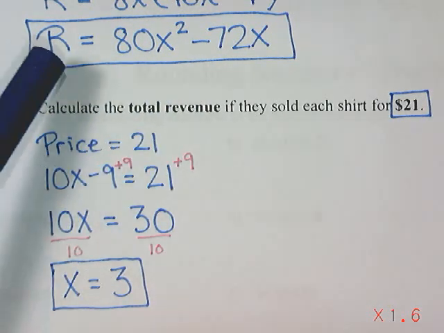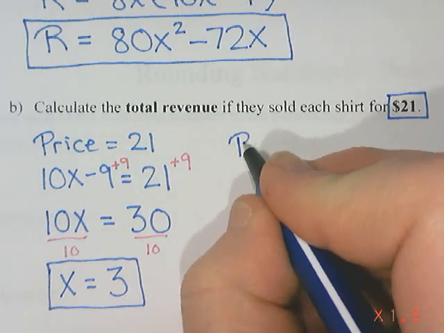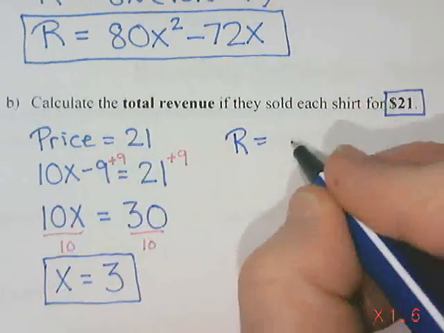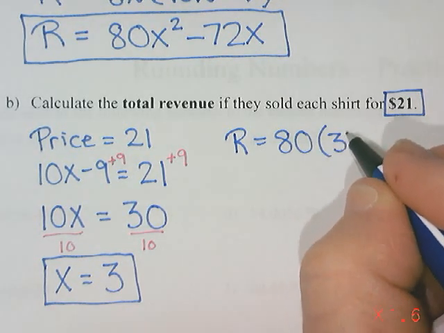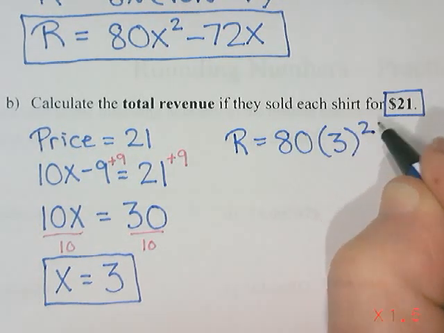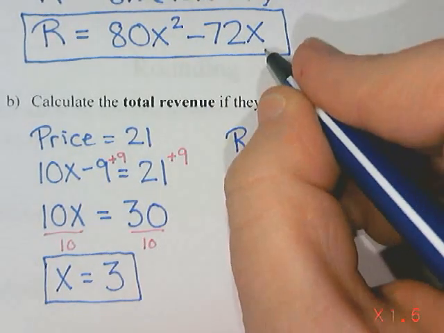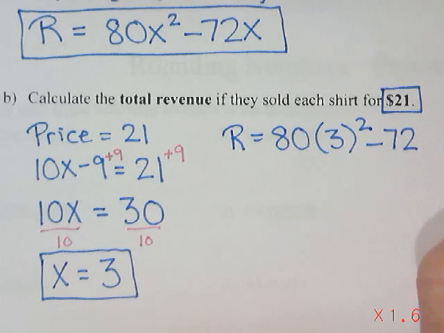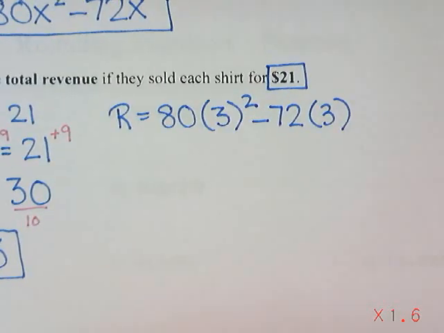So I'm going to calculate the revenue when x is 3. So my revenue is 80 times x, we're going to put in 3 squared, and then minus 72 times x, which is 3. We practiced this on the first day using our order of operations.